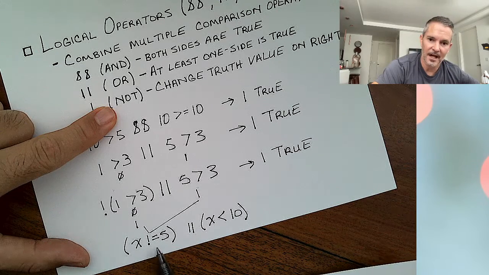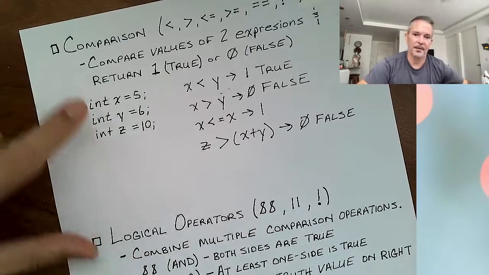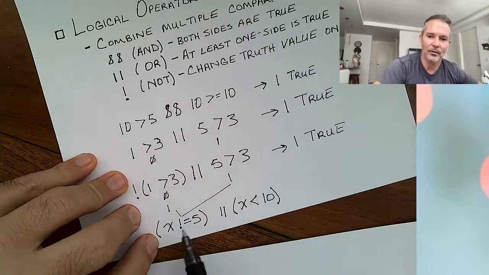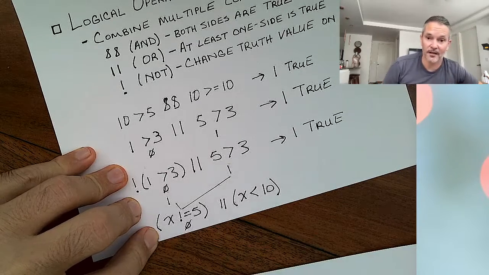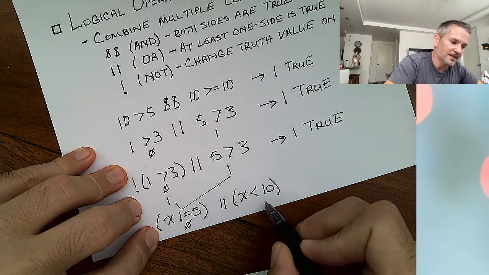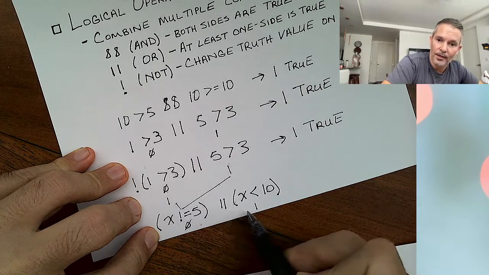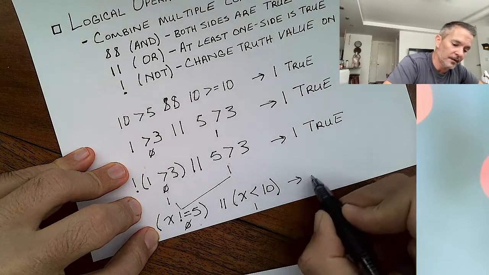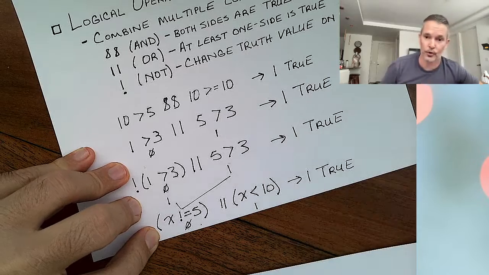If x does not equal 5, or if x is less than 10, remember we defined x up here to be 5. So x does not equal 5. That happens to be false. X does equal 5. But x is less than 10? Yeah, sure, that's true. So when I take the or operator of these, is this true or is this true? Well, yes, one of them is true. So the outcome of this will be true.